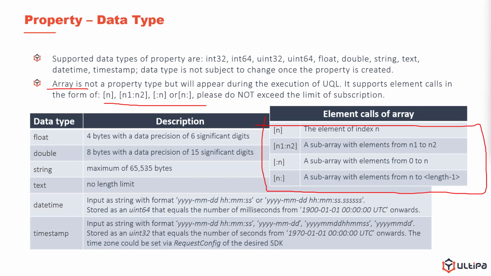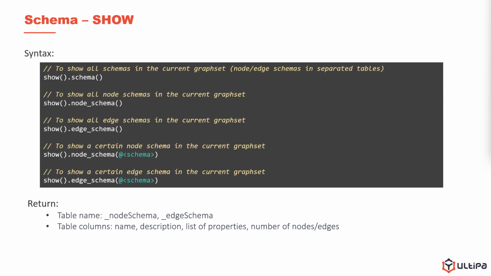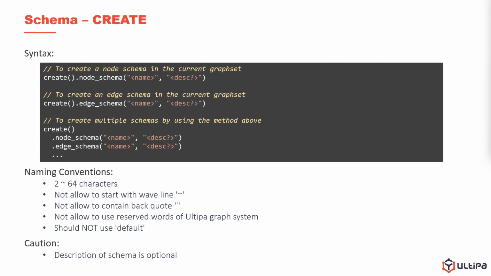Now, let's check the syntax. We can show all schemas in the current graph set, or show all node schemas, edge schemas, or only a specific schema. Creating a schema requires providing the schema name, with or without description.